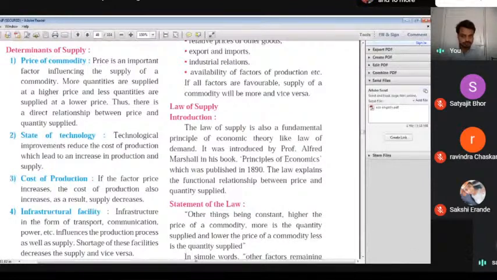Okay. Yes, number 15. Sakshi, my voice is coming. Yes, sir. Do you understand that point? Price and supply? Okay. Number 27. My voice is coming clear. Yes, sir. So what is the connection of supply and price?